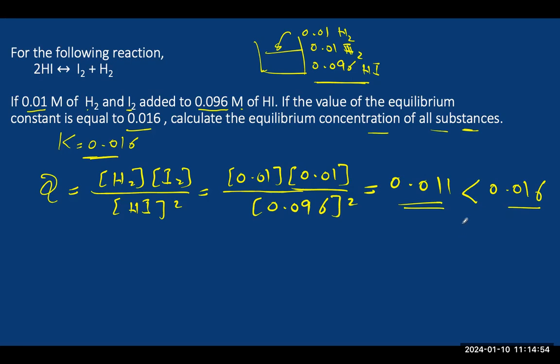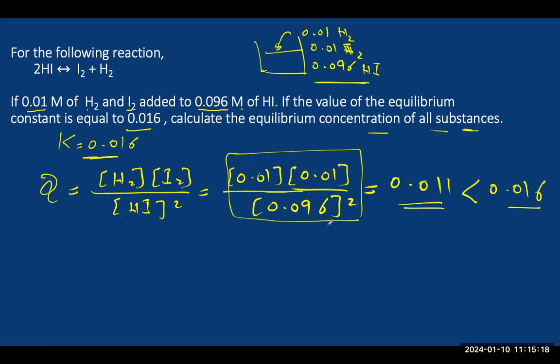If Q is less than K, the reaction is not at equilibrium, and it needs to shift right or left to reach equilibrium. To determine which side, we can use two methods. First, Q is less than K, so you need to increase the value of this fraction.